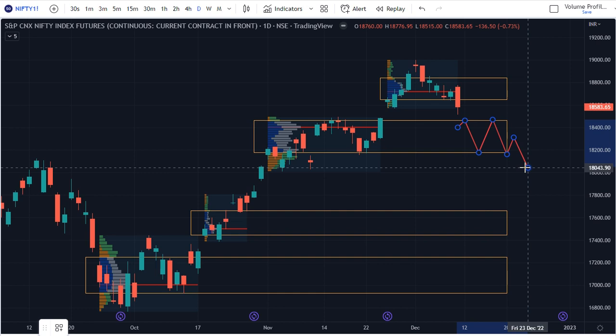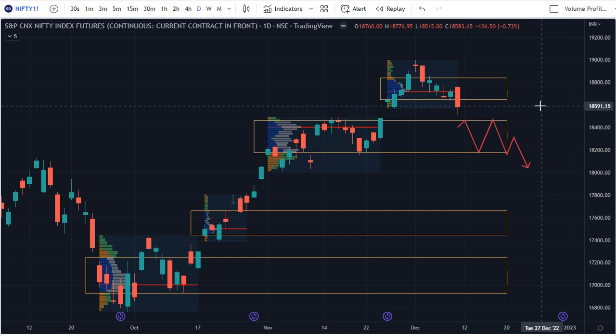That is a probability, and that will mark a retreat in the prices, and could start the week on a weak note, and could lead to some profit booking in the coming week of 12th to 19th of December.